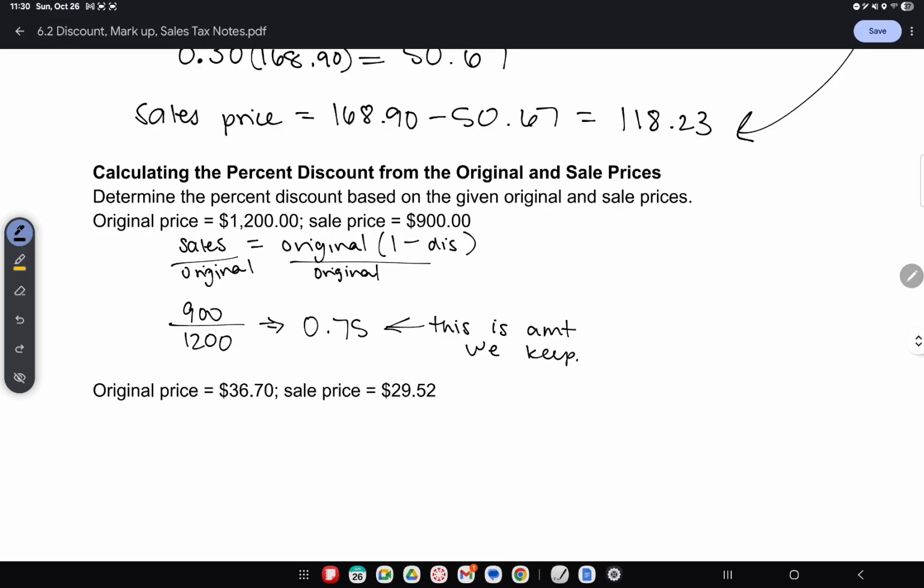So I have to figure out the discount price. So that's this piece here. So if we are keeping 75, we're losing 25. So that's 1 minus 0.75. So that gives me the 0.25 or the 25%.